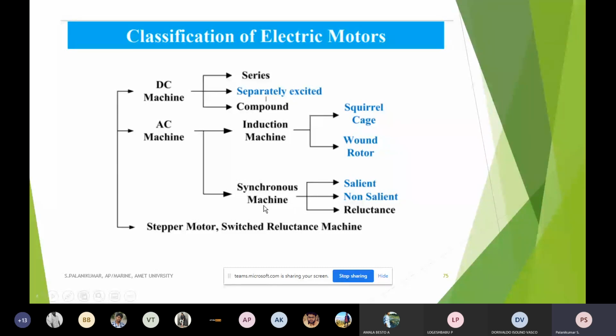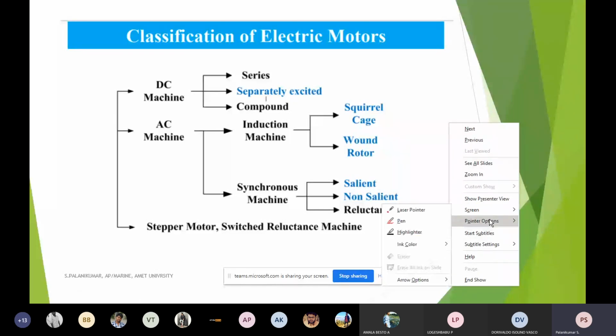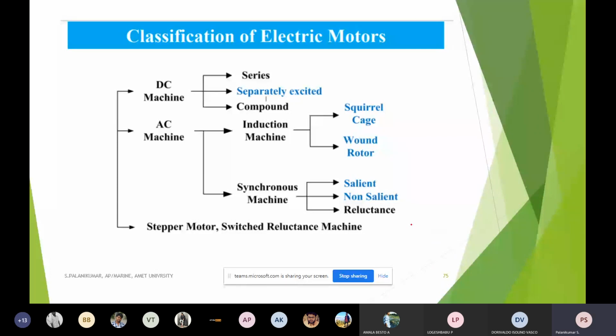So as a basic model, the synchronous machine concept is not useful for our electrical vehicle application. Why? It will always run at synchronous speed, and I cannot change the speed.